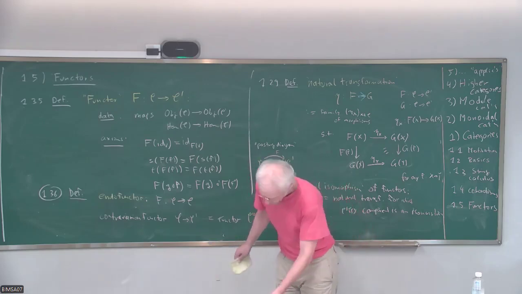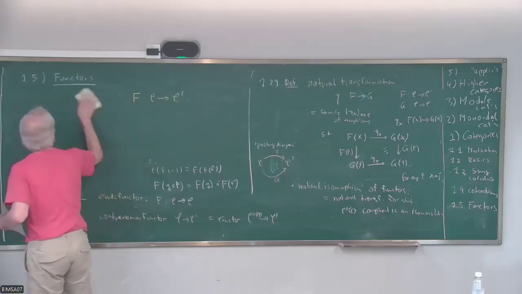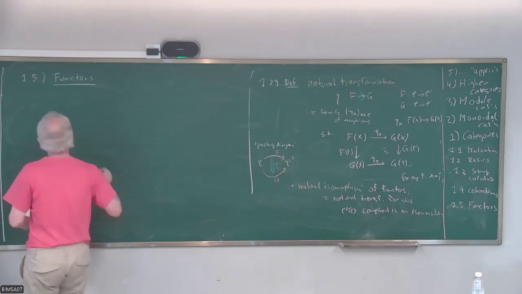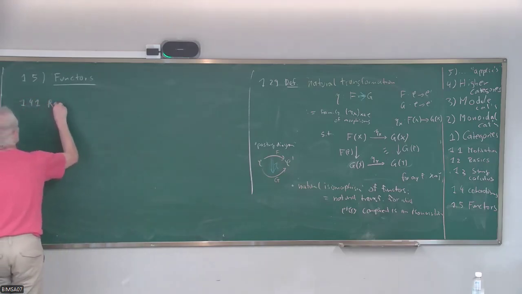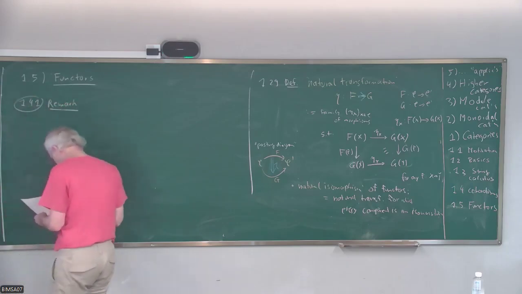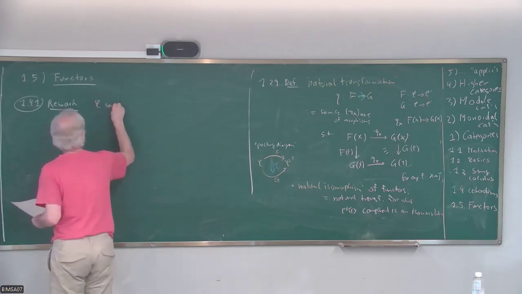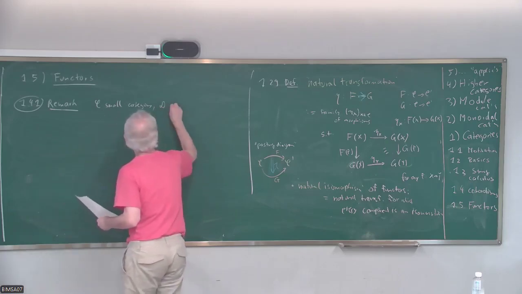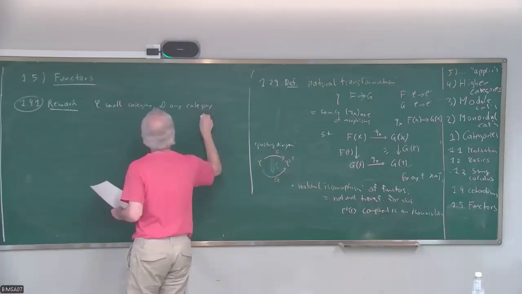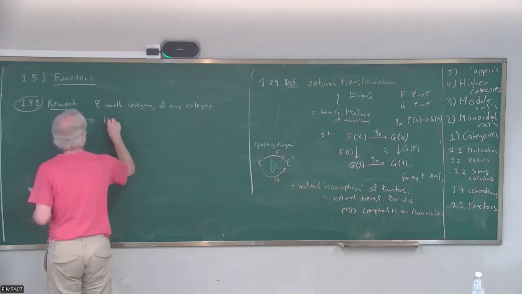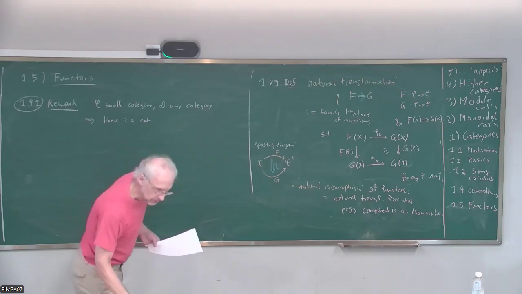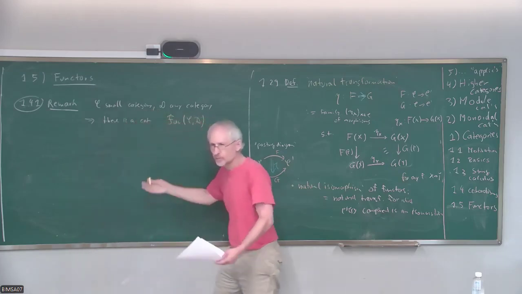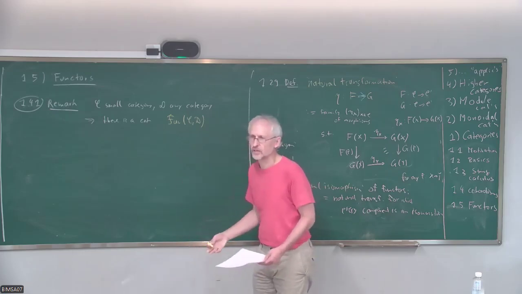As a remark, if C is a small category, and D is any category, not necessarily small, then there is a category which we call the functor category from C to D, where the objects are functors from C to D and the morphisms are natural transformations.